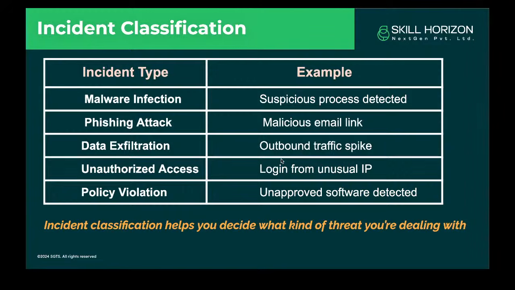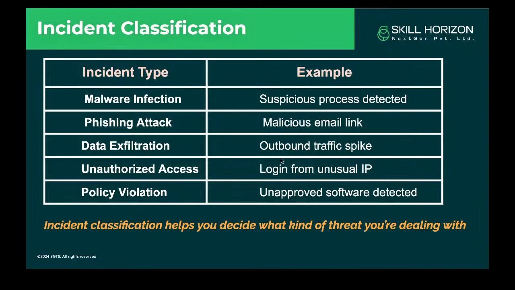Stage 3 is incident classification. Classification helps you decide what kind of threat you are dealing with. A malware infection means a suspicious process is detected in your operating system. A phishing attack means a malicious email link is created or you are exposed to some email link.